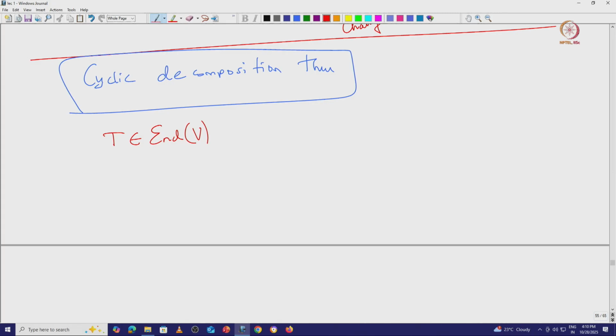But if you think about it from abstract algebra, one can get T invariant subspaces as follows.